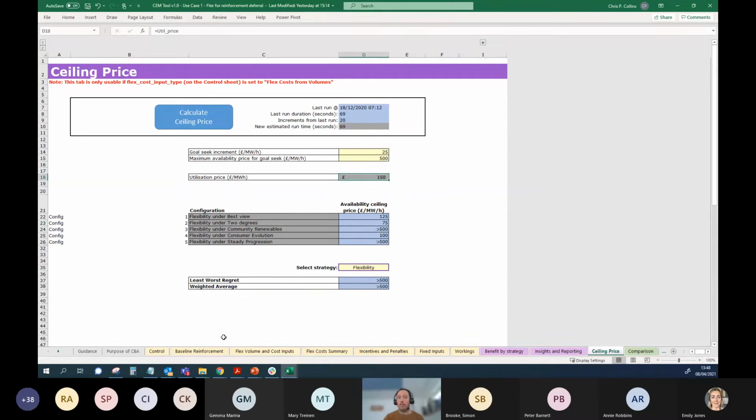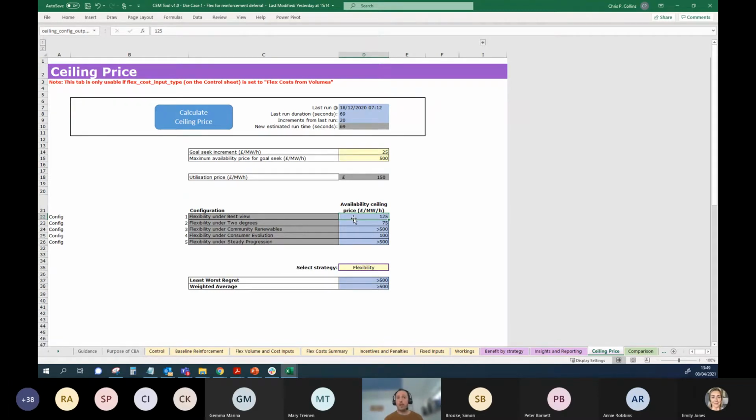But what it then does is cycle through a range of availability prices from 0 up to whatever your maximum availability price is, and it indicates for each scenario how high that availability price could go whilst flexibility is still a viable option for at least 1 year. It is all absolutely dependent on the input assumptions you make.